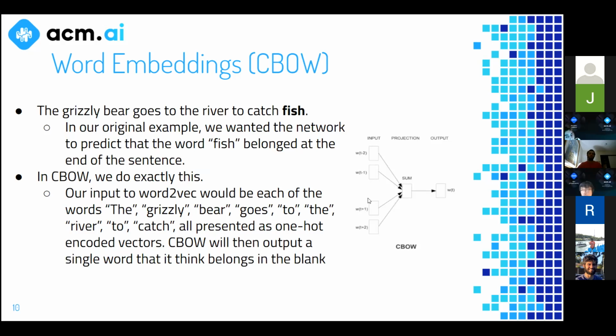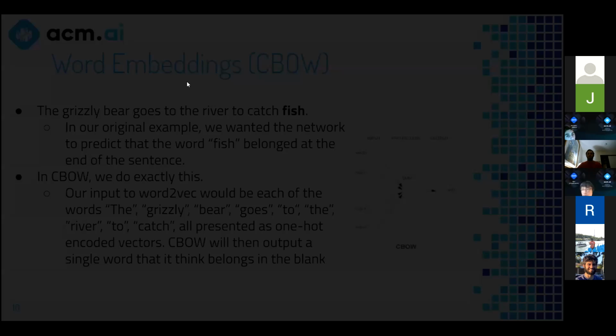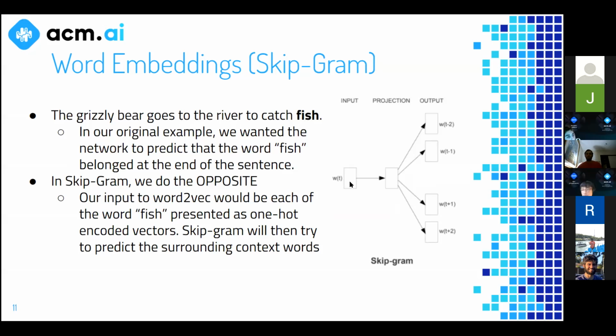We pass in all of those input words and get this output prediction. With skipgram, you pass the fish in and try to predict all the outputs. The objective is still the same: to learn this projection, which just refers to that hidden layer. What we're actually doing is projecting the one hot encoded vectors into a vector space such that similar words have small distances.